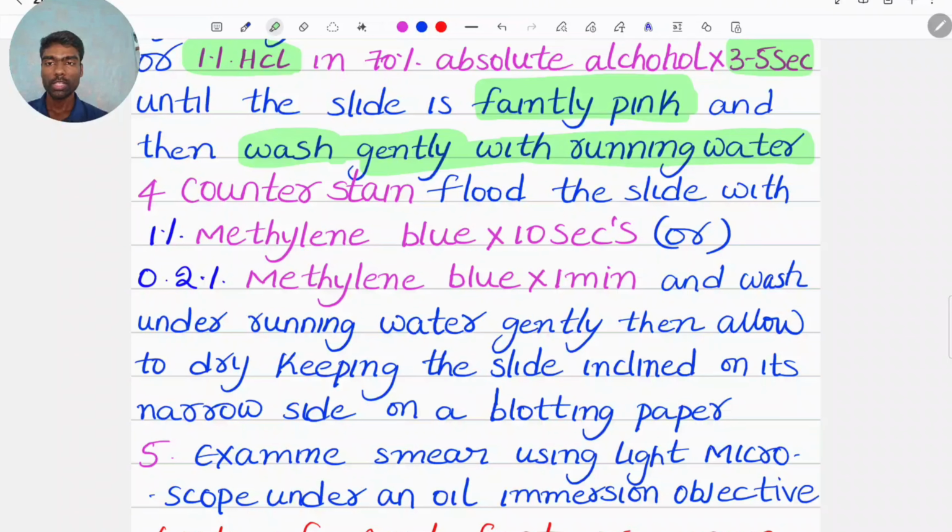Now we'll do the counter stain with 1% methylene blue for 10 seconds. If we are using 0.2% methylene blue, a lower percentage, we have to keep it for 1 minute and then wash gently under running water, then allow to dry, keeping the slide inclined on its narrow side on a blotting paper.